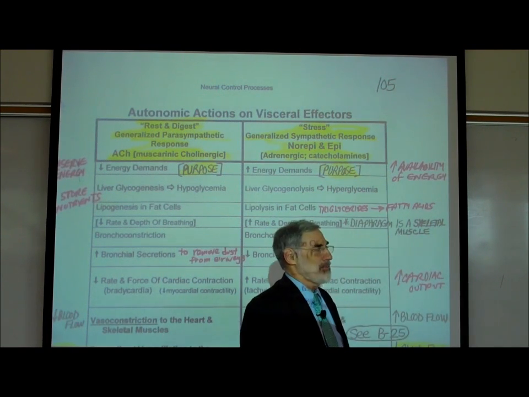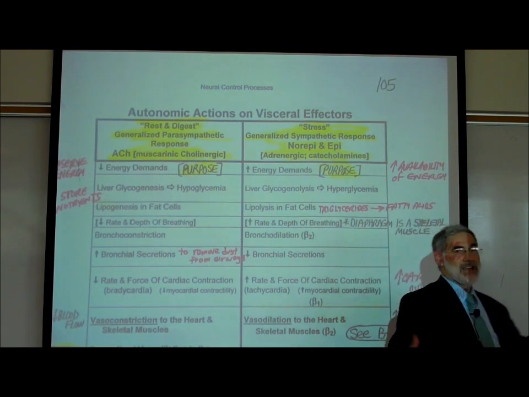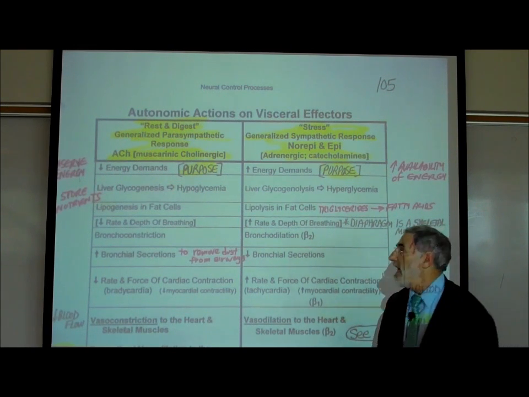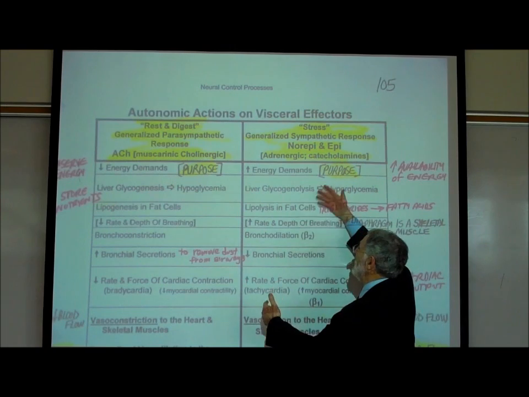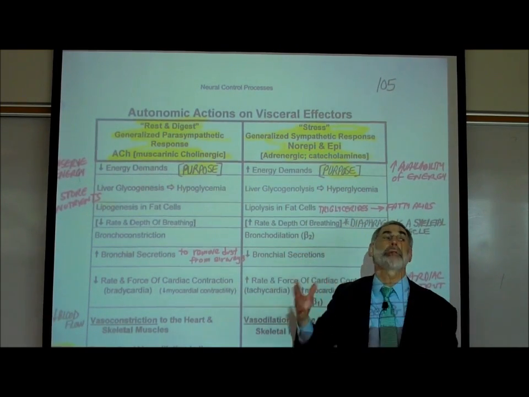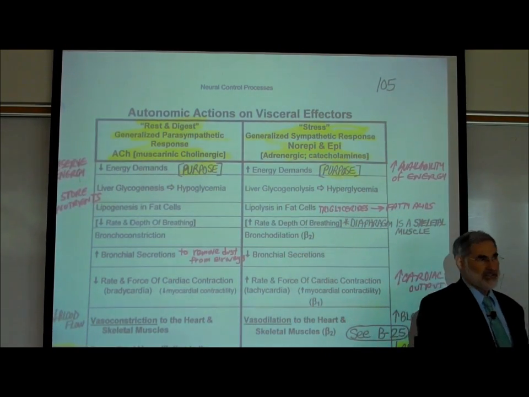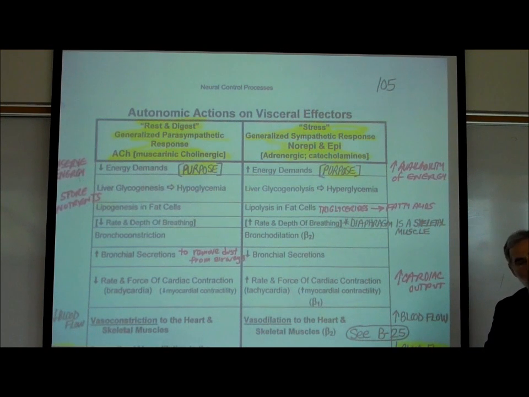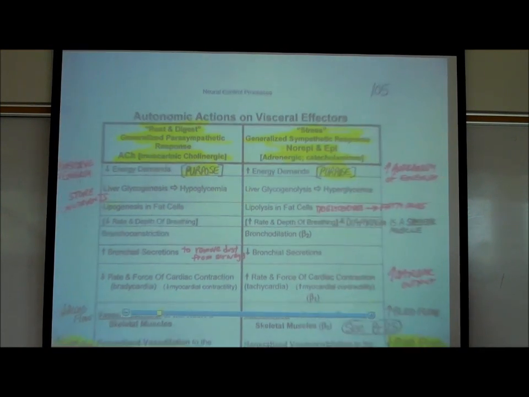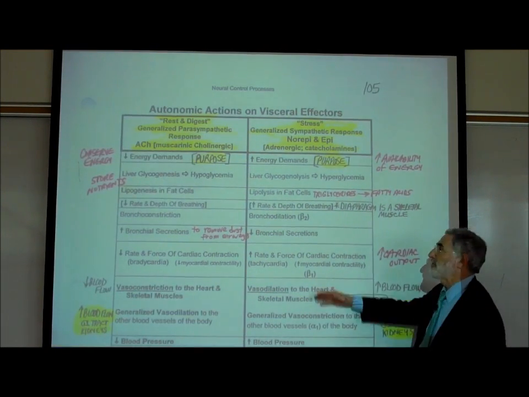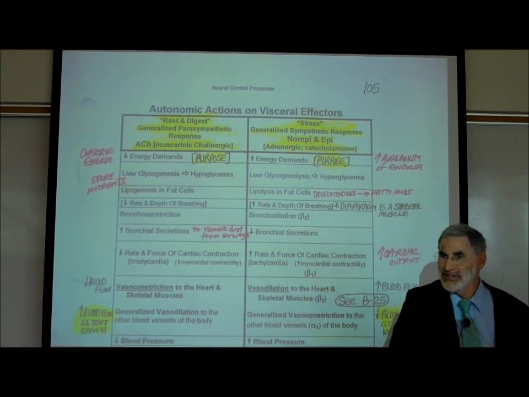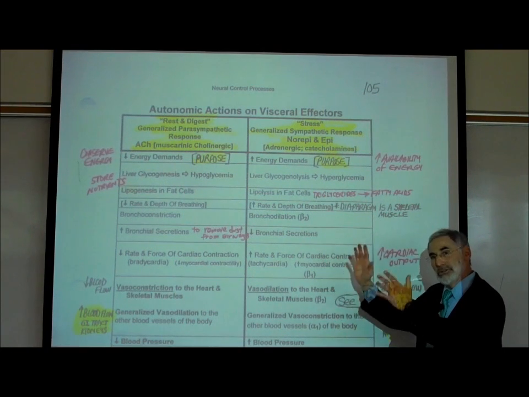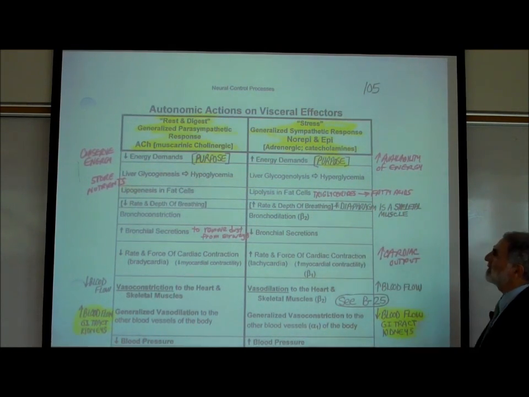It's equally important to know what's going on inside their body when they're eating a meal. And furthermore, as we're going to see, we have drugs that can mimic either of these states or block either of the states. So this is going to be really important pharmacologically as well as physiologically. The good news is if you learn one side, the other side is ostensibly the exact opposite. So all you really have to know is one side of it and the other side's the opposite.